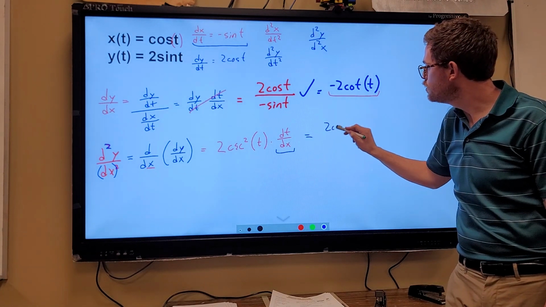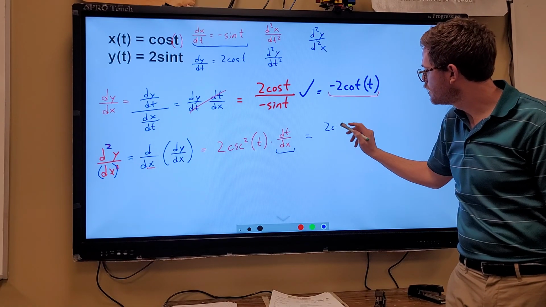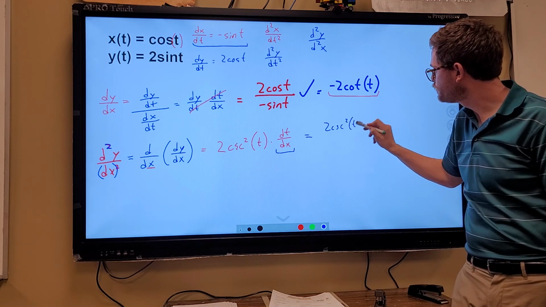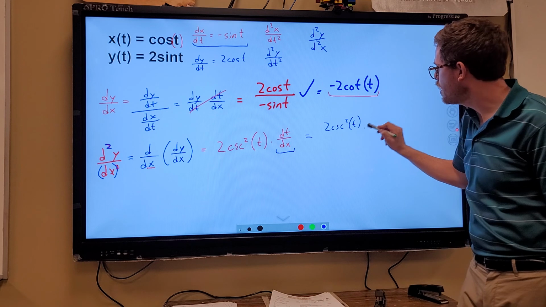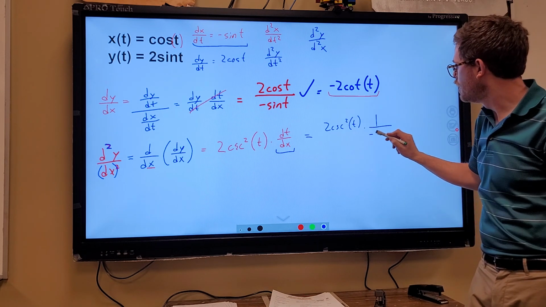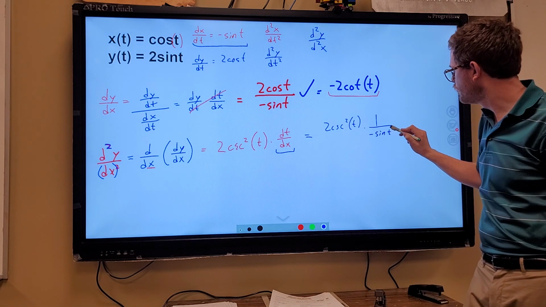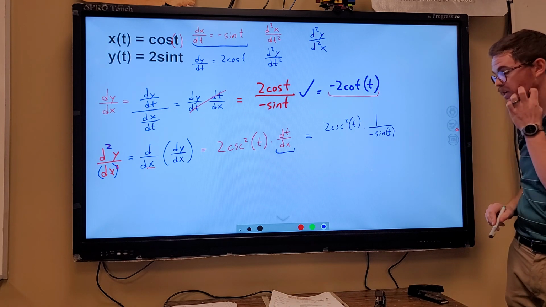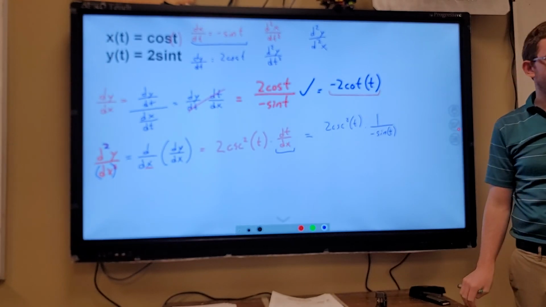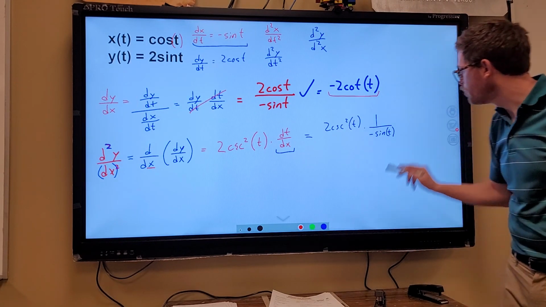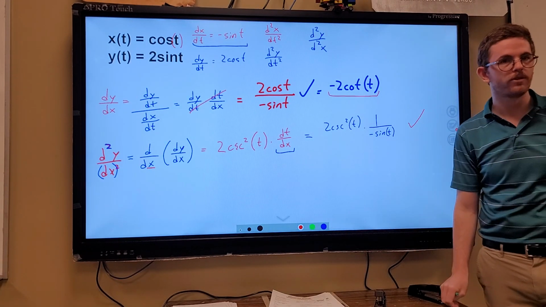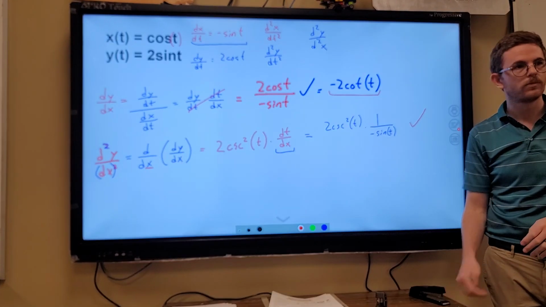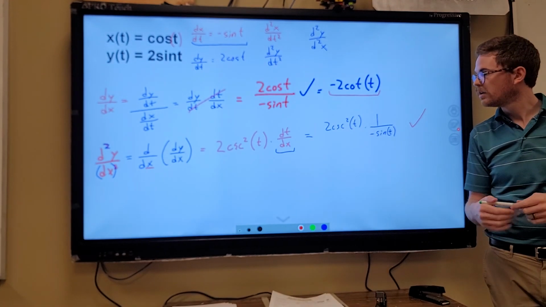So we have 2 cosecant squared of t times 1 over a negative sine of t. Simplify that as much or as little as you want to, but that is representing our second derivative at this point. Ta-da.